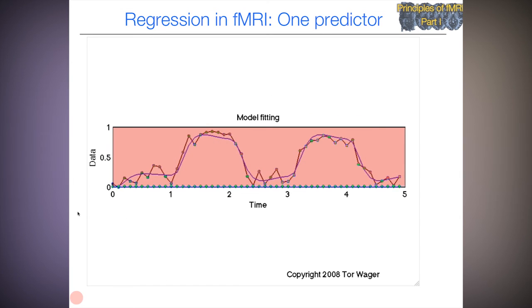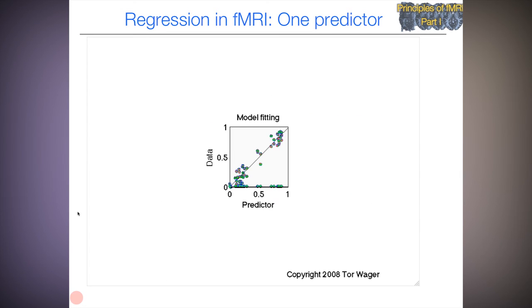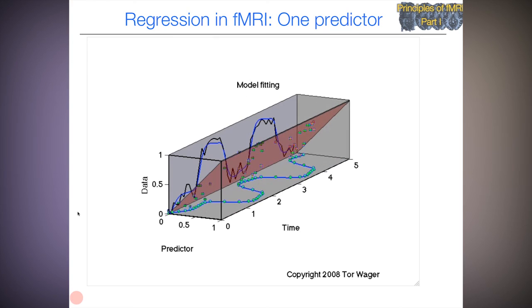And the predicted response is shown in blue on the back. That's the fitted response. When I rotate back into the space of predictor and data, I can see that that relationship is indeed a line. So the slope in a simple regression ends up being the activation parameter estimate, the amplitude of that convolved hump of predictors across time.